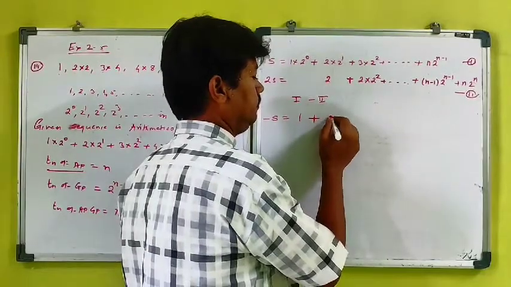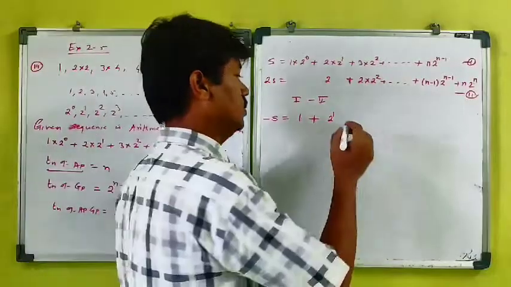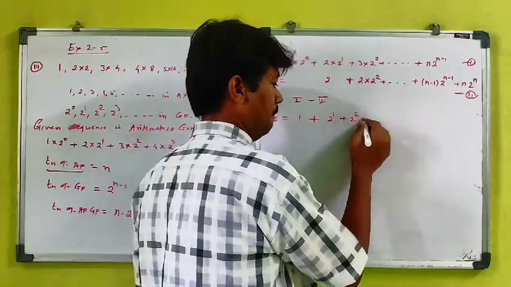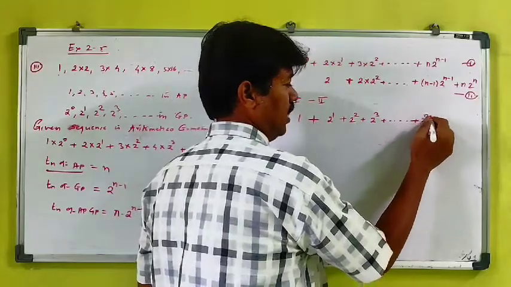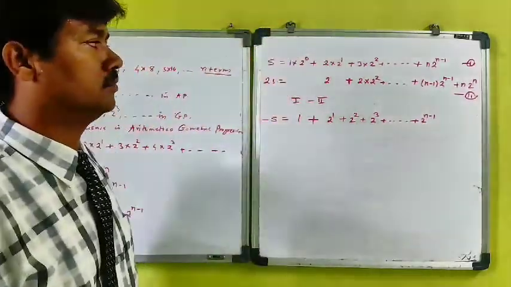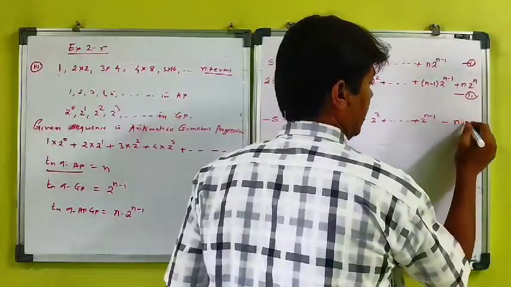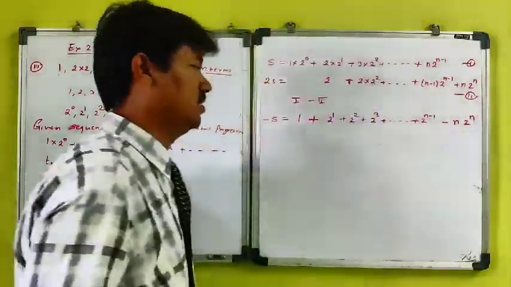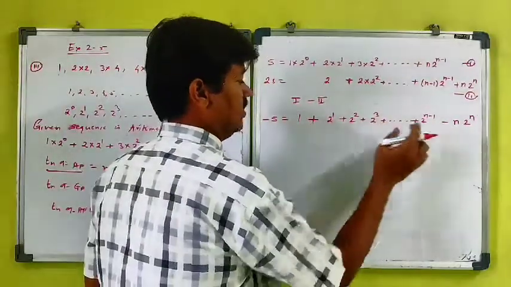Then 2 square, 2 cube, up to 2 raised to n minus 1. And then minus n into 2 raised to n. So it's like this.